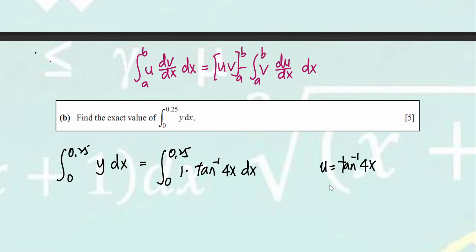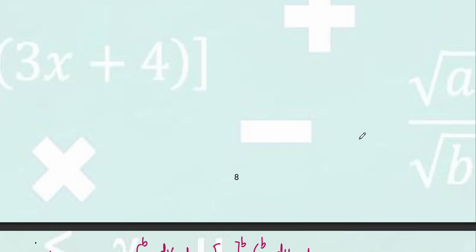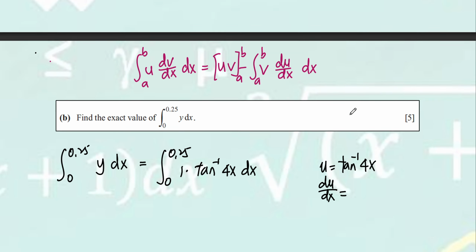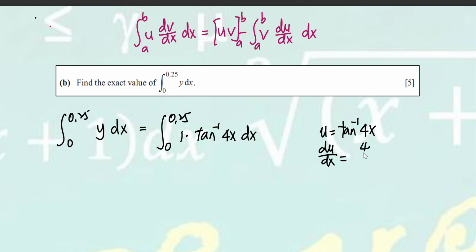From the previous part, I know that du/dx, copy the answer from the previous part, which is our dy/dx: 4 over 1 plus 16x squared. And then dv/dx is 1. So your v is to integrate the 1. Therefore, you get x.